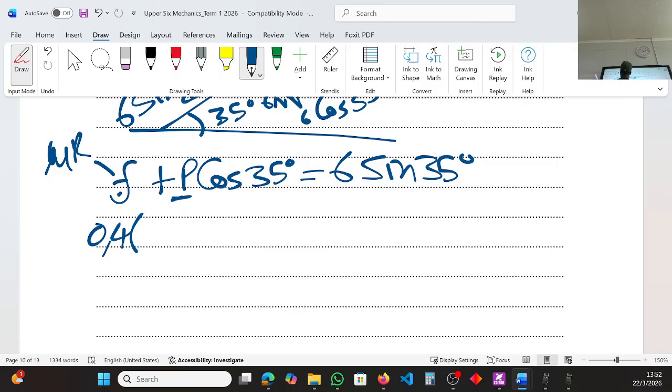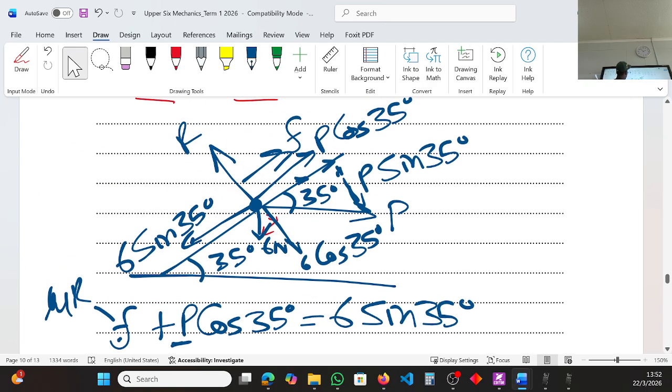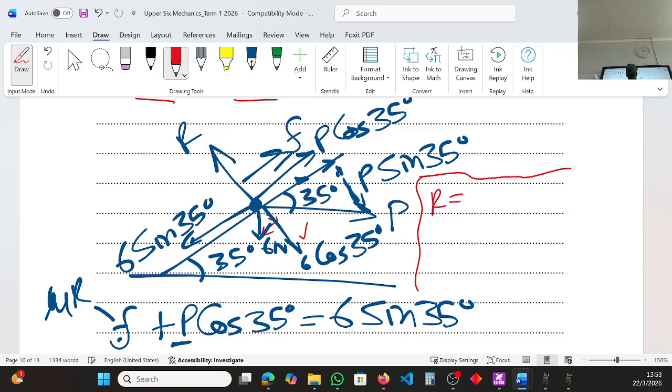R, I'm going to calculate it above, because we know from our diagram here, let me change the color to red, R is equal to a balance between these two forces. So it's going to be 6 cos 35 and P sine 35.